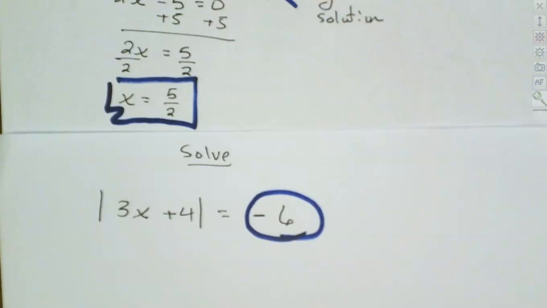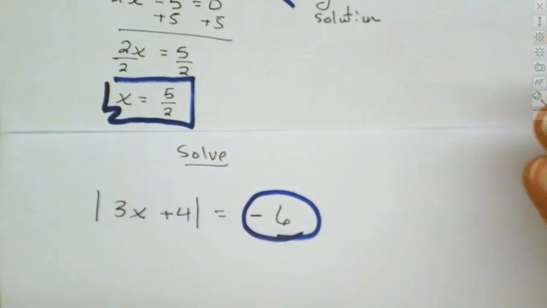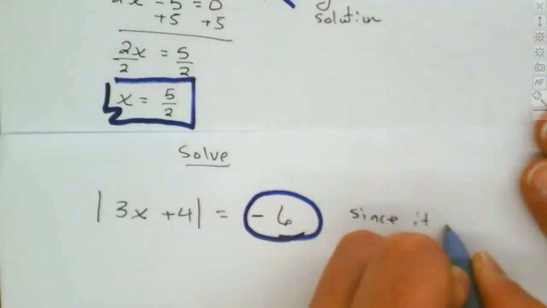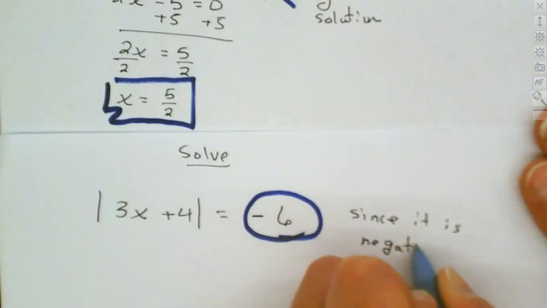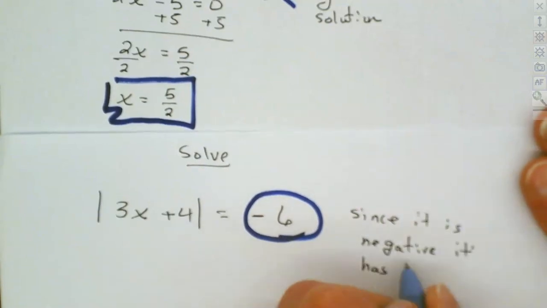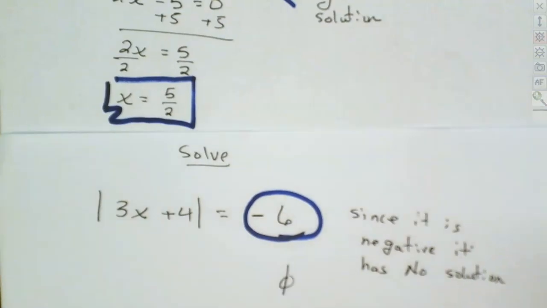Positive 9. What's the absolute value of negative 4? Positive 4. Can we ever have an absolute value that gives you a negative 6? Can that ever happen? No. So this is negative. So since it is negative, it has no solution.